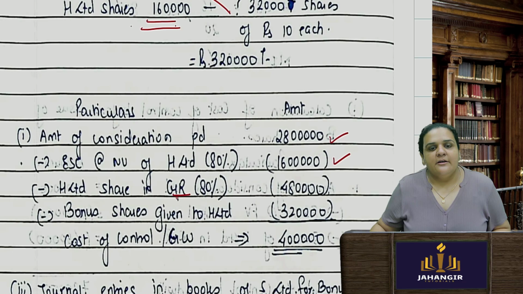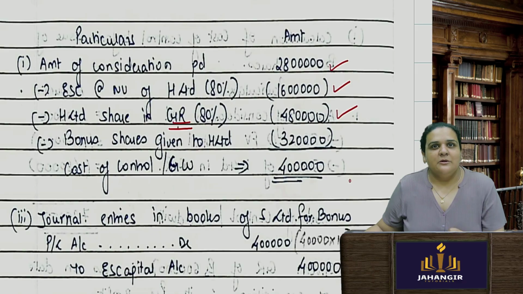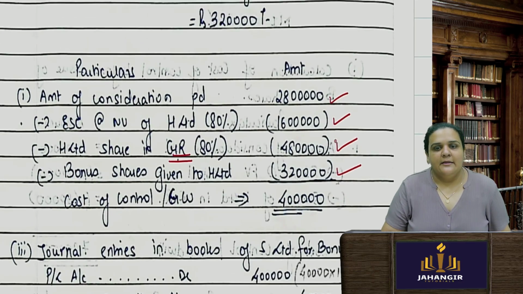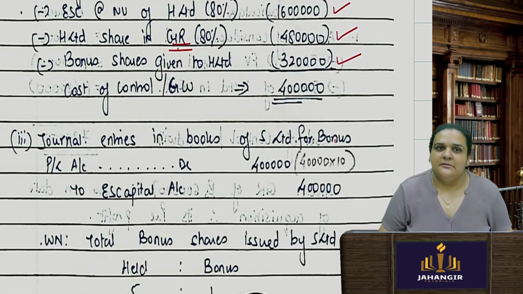Share in the general reserve, 80%, 4,80,000. Only now bonus, we have a share in the bonus also, 3,20,000, that also we will subtract. So now my cost of control or goodwill is going to be 4 lakh rupees.